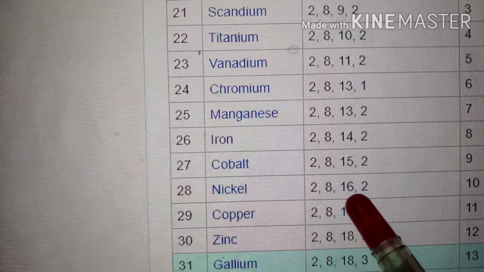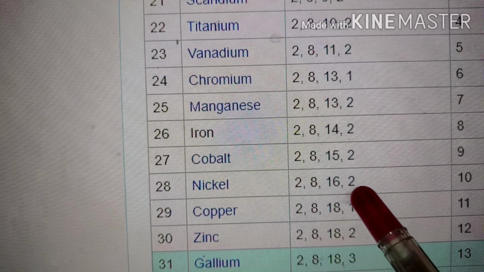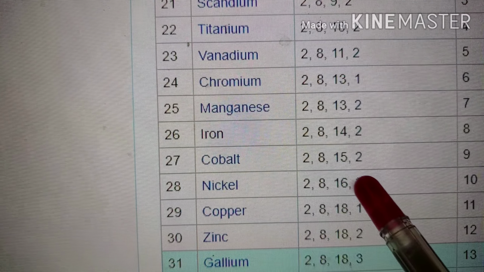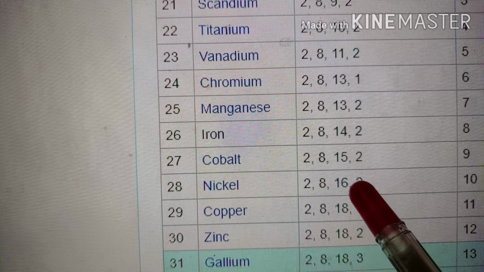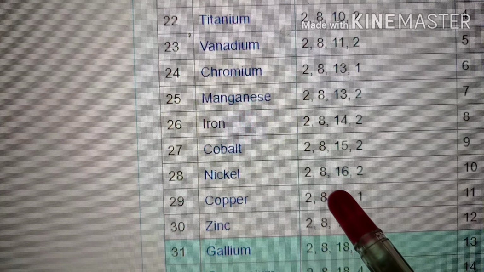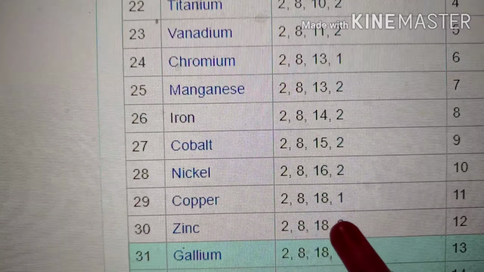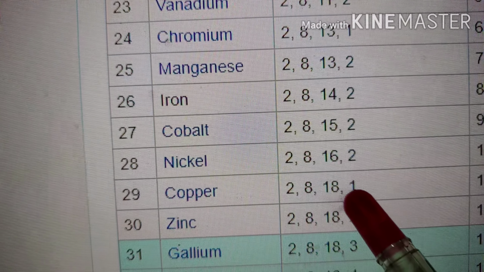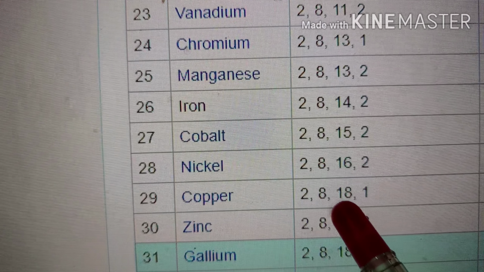Here you see there are 18 electrons, but if there are 18 electrons, it is very difficult to hold this electron in the third shell. For this, nickel is transferring the 2 electrons to the outermost shell. Now if the question comes, if more than 18 electrons, here you see 19 electrons are there for copper, only then will it hold 18 electrons in the third shell.